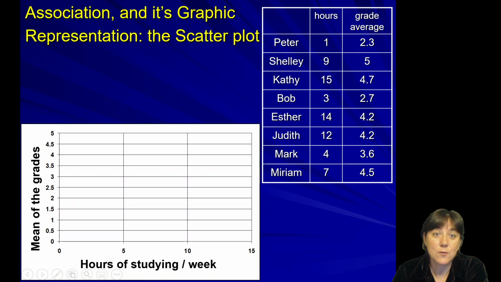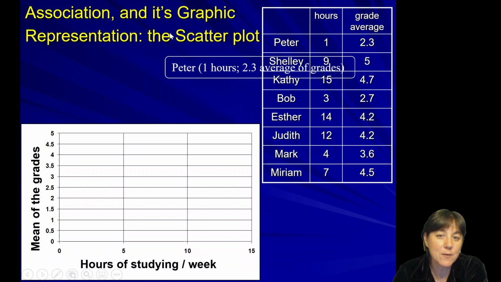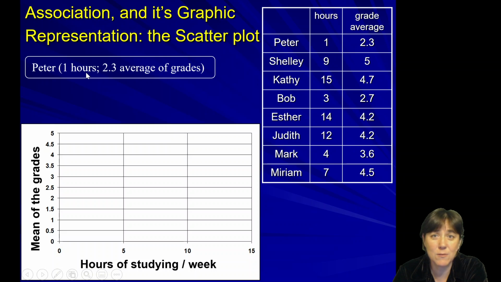Let's now turn to the association and its graphic representation, what we call the scatterplot. We take a very simple example. The more hours you study, the better your grades will be. See Peter, for example. He studied only 1 hour and got 2.3 as an average of grades.